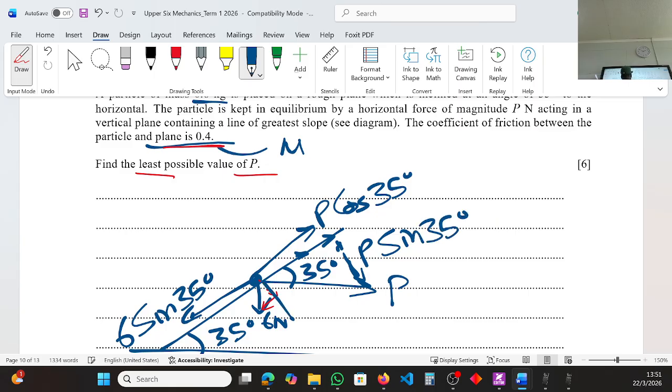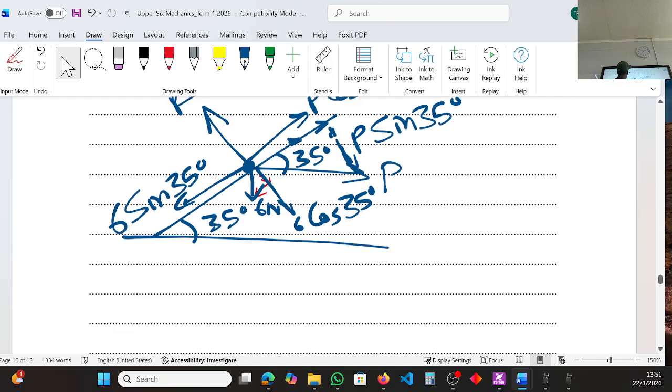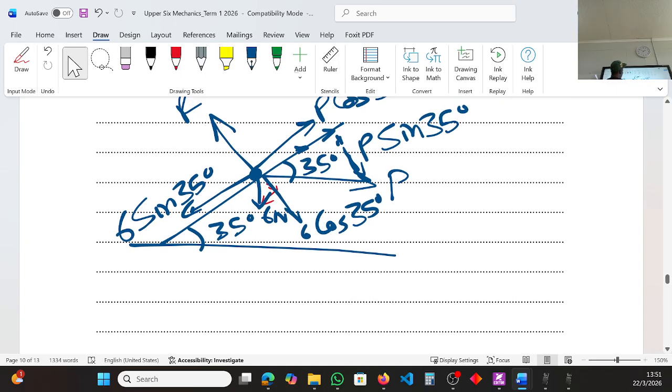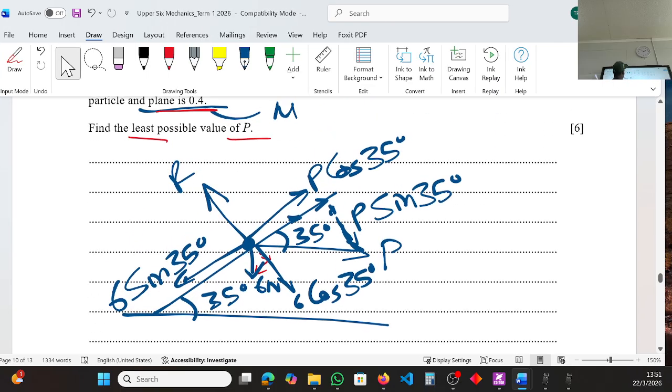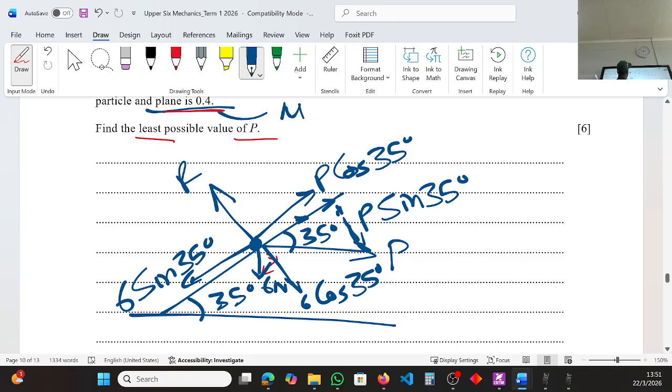And remember, we also have the weight component here, which is 6 cos 35 degrees. It's coming from the weight of the object. Then perpendicular to the plane, we have the normal or reaction force. So if we check carefully, for us to come up with the value of P, we agree that friction and the component of P will be facing the same direction. So we have F here.